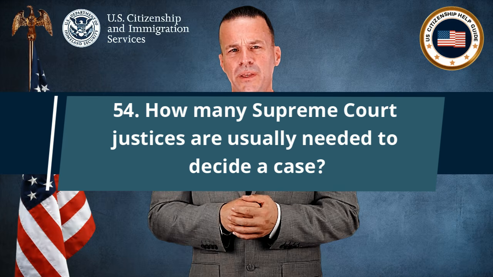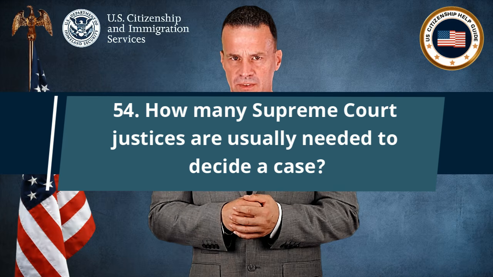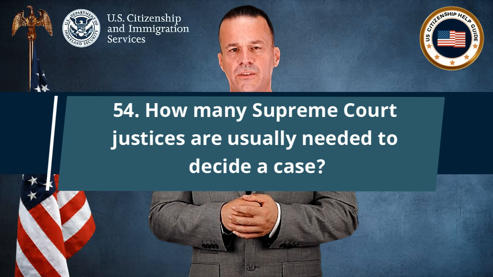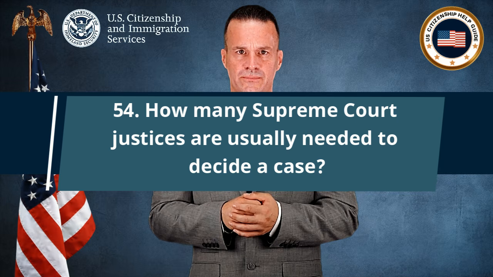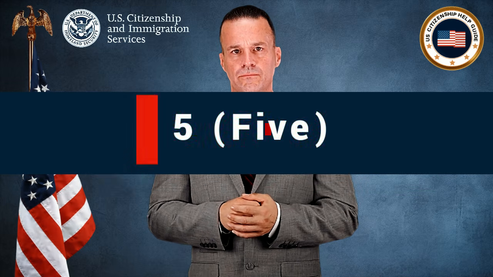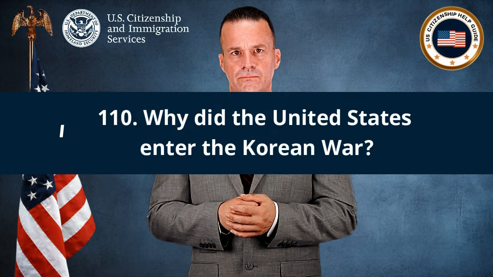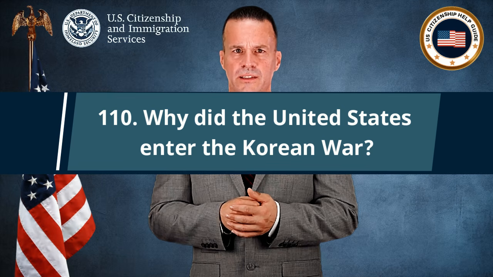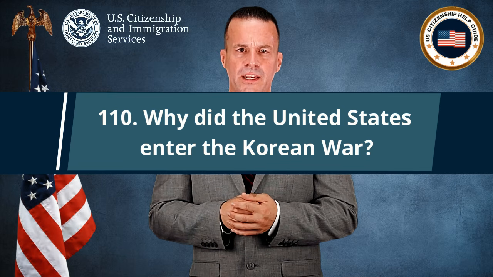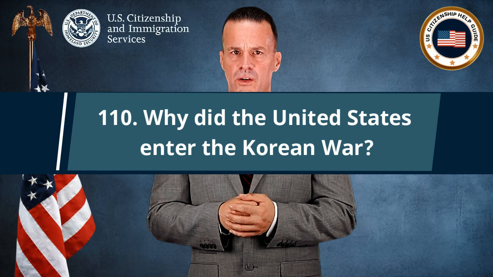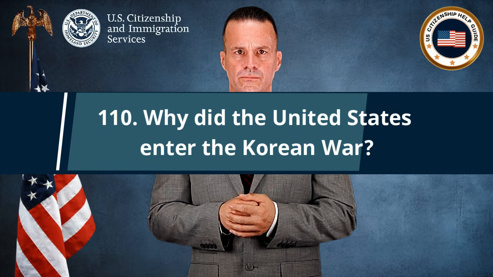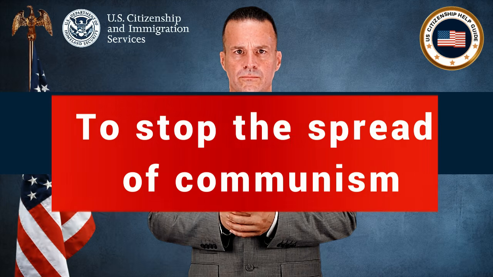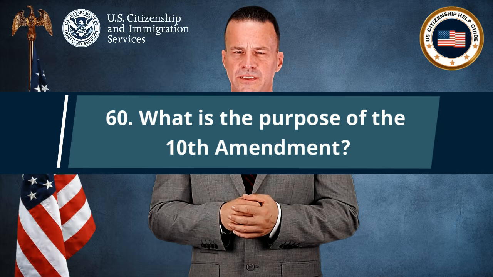54. How many Supreme Court justices are usually needed to decide a case? 5. 110. Why did the United States enter the Korean War? To stop the spread of communism. 60.